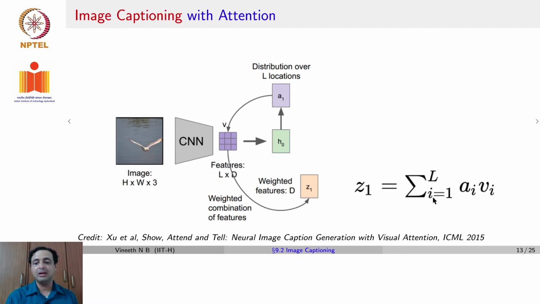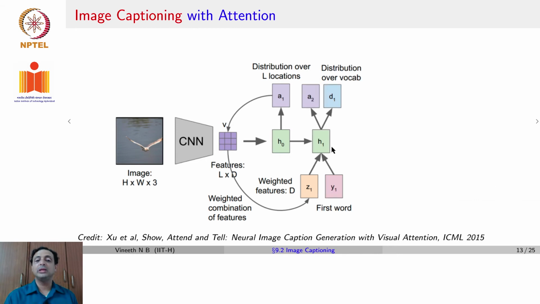Z1 is given by the sum of AI, VI. VI, remember, are the features inside each of these grid locations that come as the output of the feature map, and that Z1 now becomes input to the RNN along with the first word or the start token.